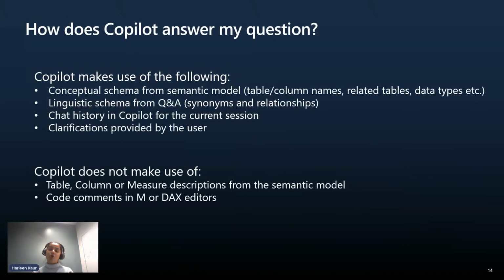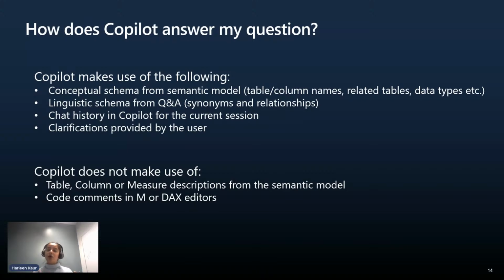Also, let's see how Copilot is actually able to answer your questions and what all things it uses and what it doesn't. Copilot makes use of the conceptual schema from your semantic model, which includes table and column names, related tables, or data types.